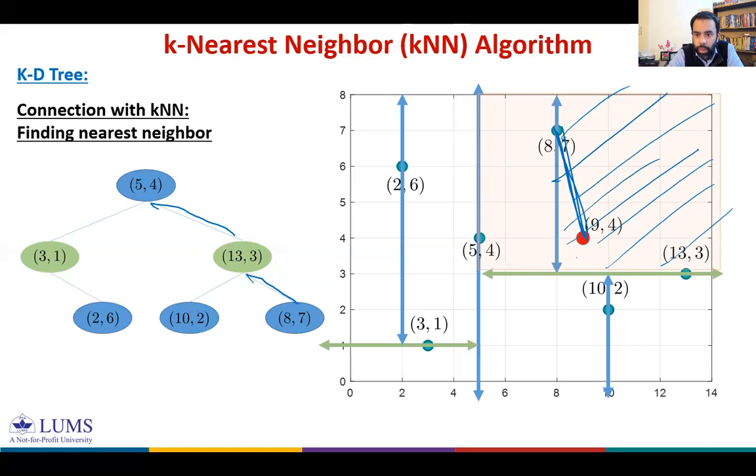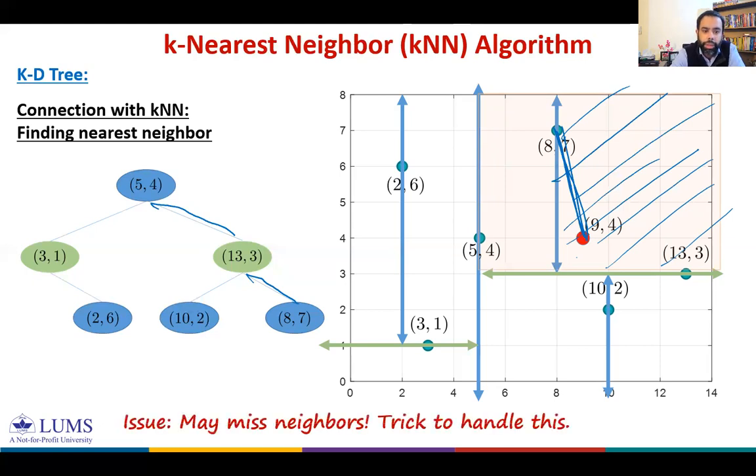So there is an issue here, and the issue is that you may miss neighbors. For example, if this red point is somewhere here, then (10, 2) is nearer to this point than (8, 7).